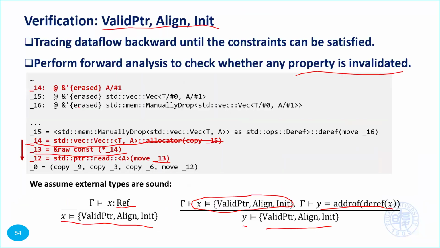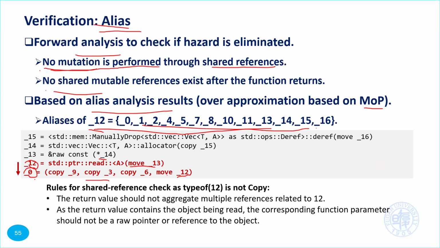Remember the safety tag of alias. A hazard, yes. So here we return move 12. If you have another allocator, maybe move another value, so you return 2 references to the allocator. So it's UB because no shared mutable reference.